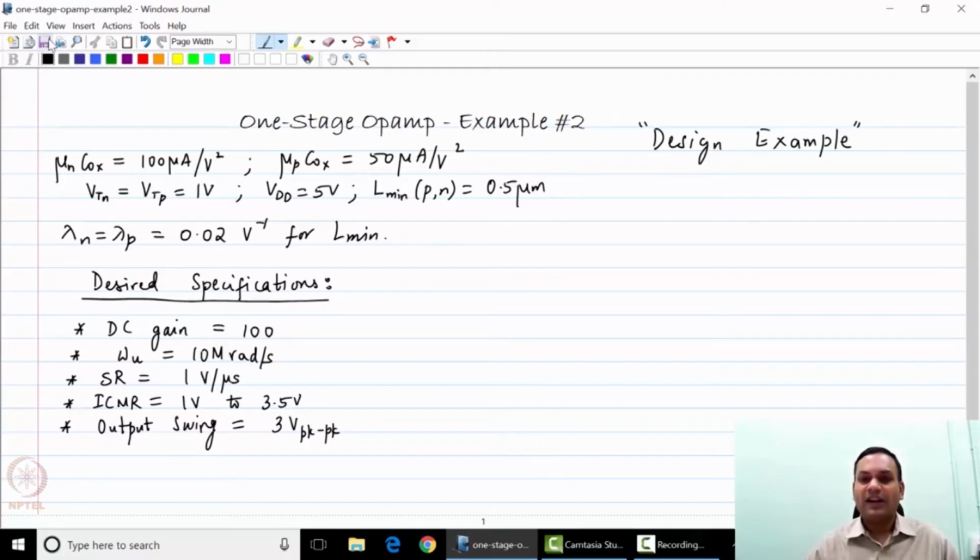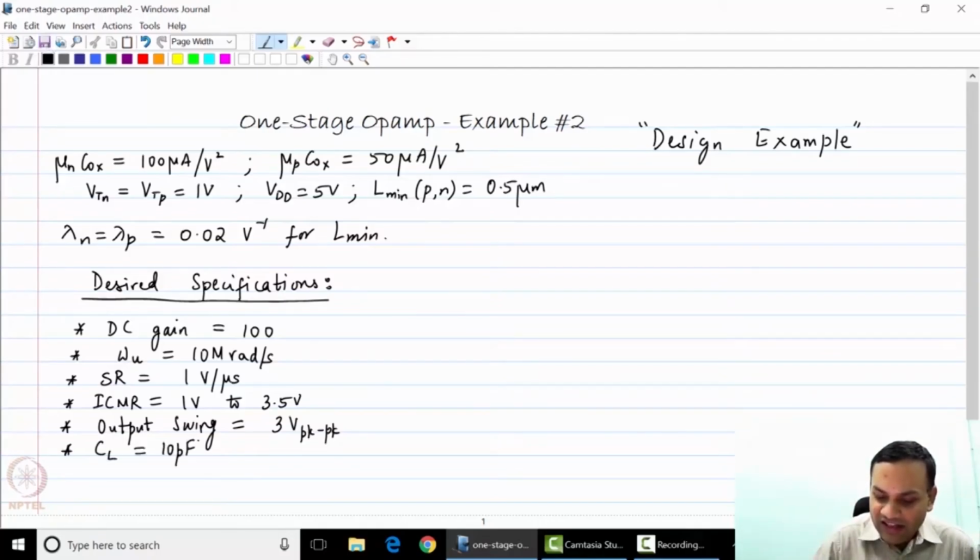So now let us start off listing out the requirements. First of all, each of these specifications that you have required actually depends on certain variables such as gm, gds, capacitance, etc. The one thing we have not added is the load capacitance CL, which we shall say is 10 picofarad. So now you can see that you have several sets of parameters.